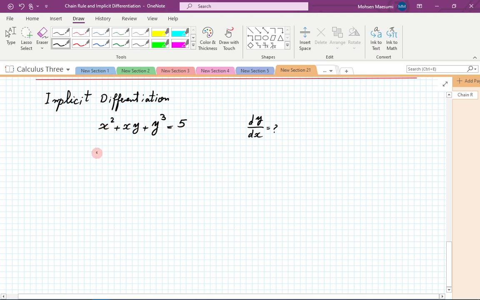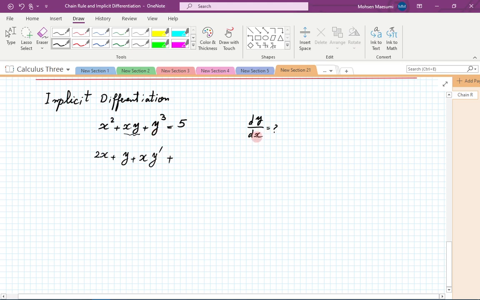This is obviously 2x. Derivative of this with respect to x: of course, we have to apply the product rule. Derivative of the first is 1 times y plus x times the derivative of y with respect to x. Commonly we write it as y prime or dy/dx. I write y prime so that it is shorter.